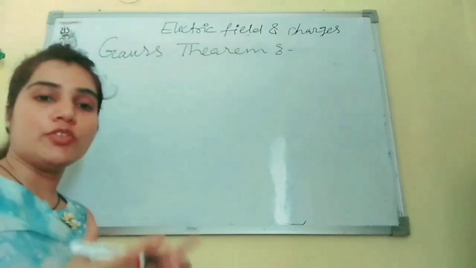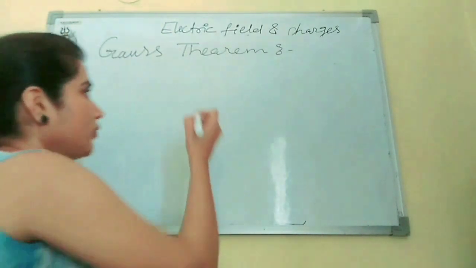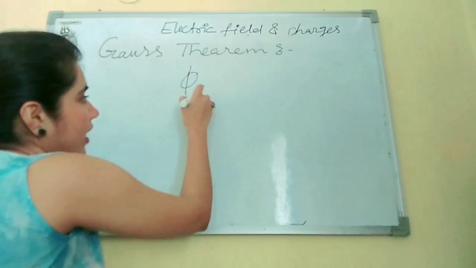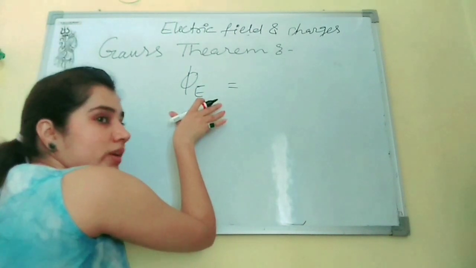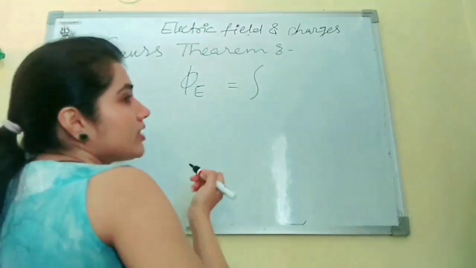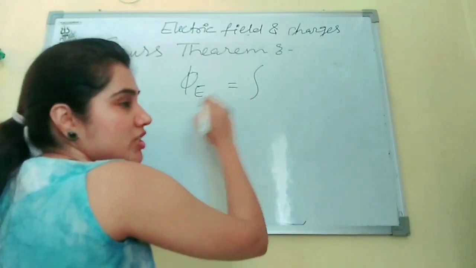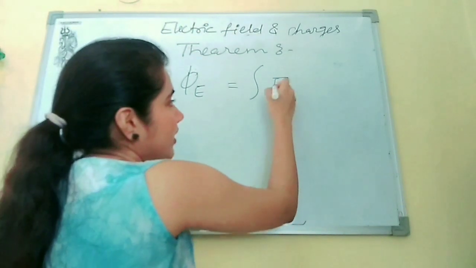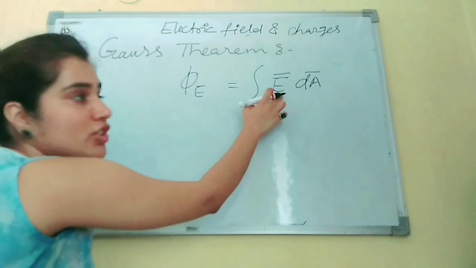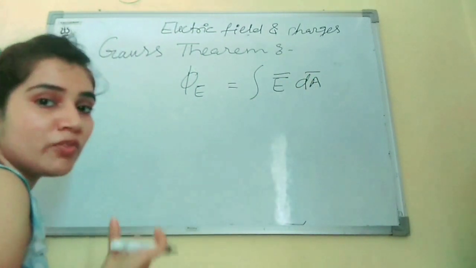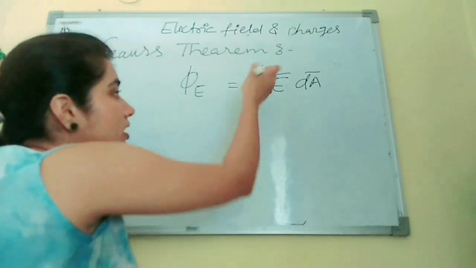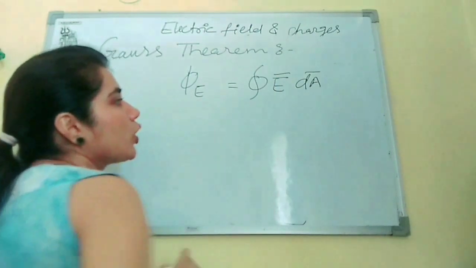So electric flux, if we denote it in mathematical form, what will we write? This is the sign of flux, phi e. Because it is in an electric field, we simply put E here, phi e, and the integration sign shows the summation of E·dA, where E is the electric field and dA is the area element placed in an electric field, and the surface will be closed.